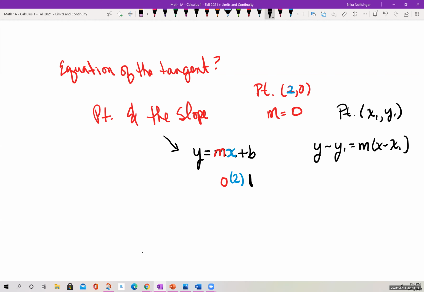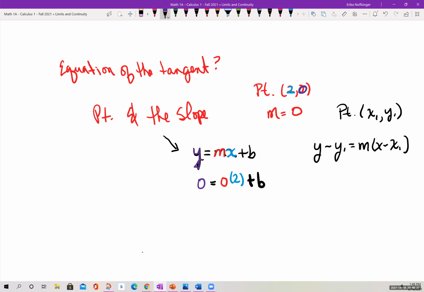We don't know what b is in our case. And our y value up here was 0. So I just need to know what my y-intercept is. And once I know my y-intercept and I have my slope, I know what that equation is.